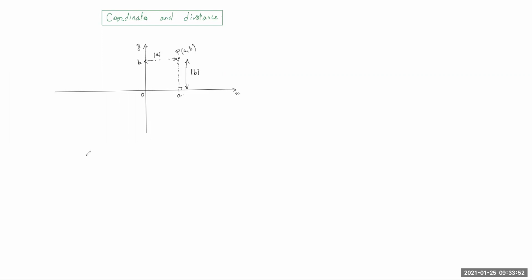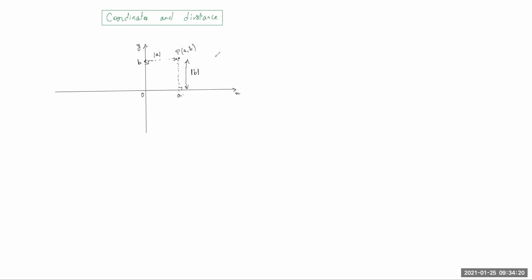So this is how we locate our points. We consider the two orthogonal projections with respect to the y-axis and x-axis, and read these two numbers a and b. Now, the two axes divide our plane into four quadrants.